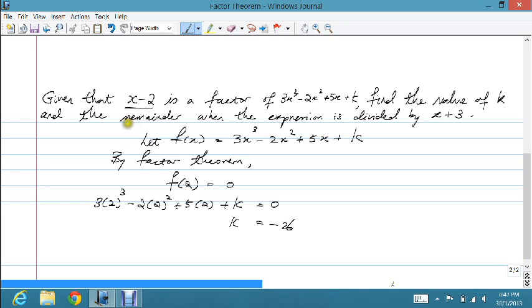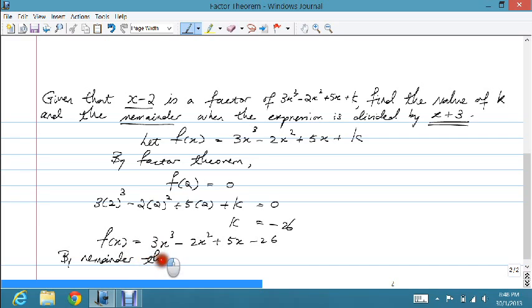The second part, we still need to find the remainder when the expression is divided by the linear divisor x + 3. So we know that f(x) is now equal to 3x³ - 2x² + 5x - 26. By the remainder theorem, the remainder that we require is actually f(-3).